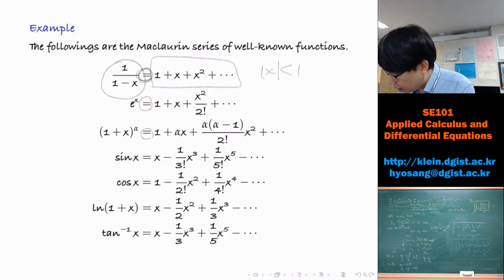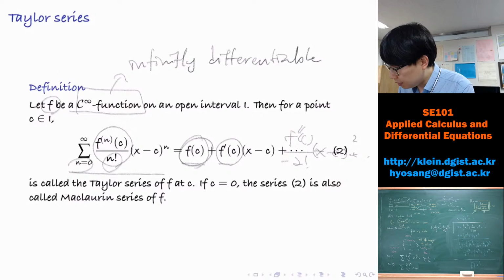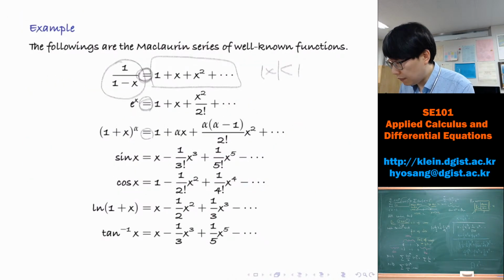Okay, I put the equal sign, but the previous definition does not say anything about equality of the function f of x and this series. This is not always equal, but I'm giving an example where the function is actually equal to the Taylor series on the interval of convergence. Okay.